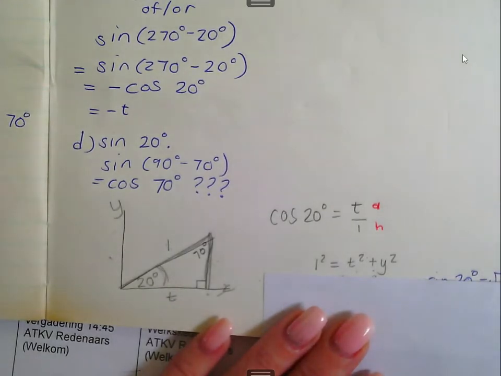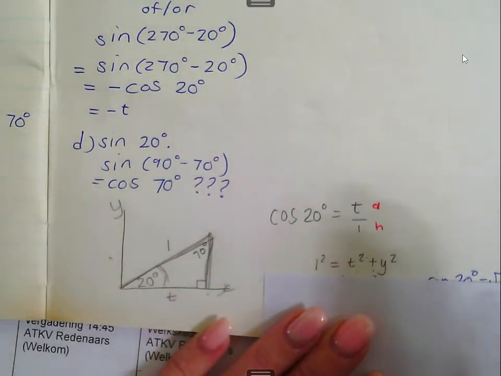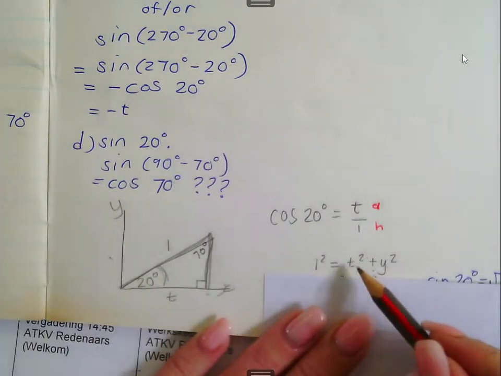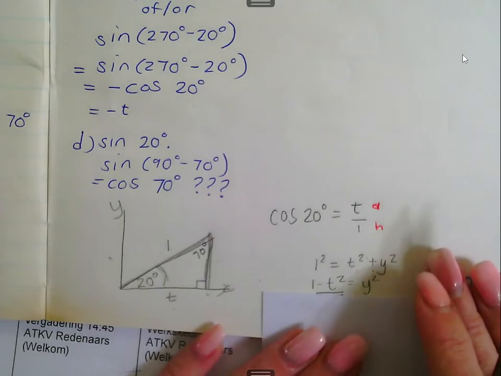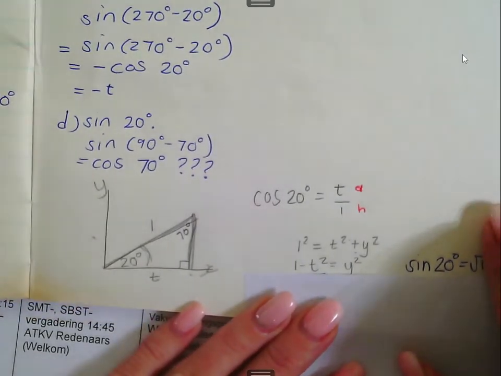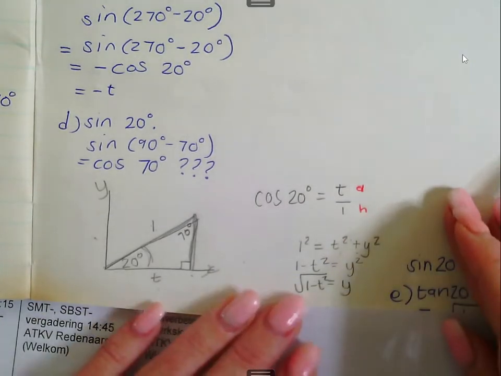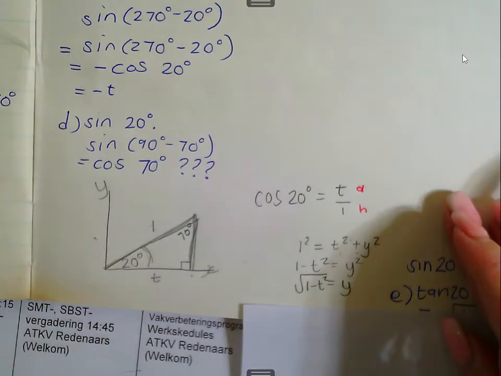Remember when we started I said when they say in terms of t, t is no longer unknown. It's fine if t is part of it. Now all we're going to do is get y alone. Then y will be in terms of t. So we take the t squared over, nothing new, and then I take that square over. And then it's the square root of 1 minus t squared.